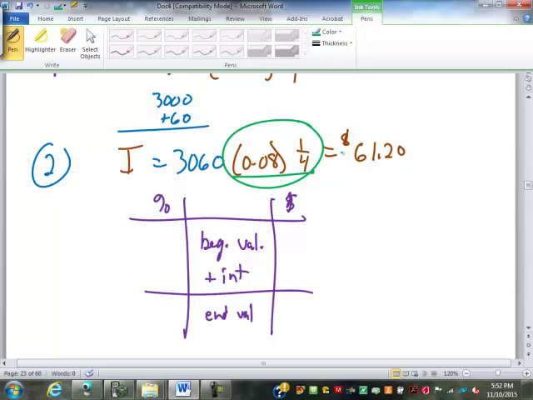In other words, 2% per quarter. Think about it. If 8% per year, divide that by 4 quarters a year, that's 2% per quarter. We started out, the beginning balance was 100%, so the ending balance, 100 plus 2, is 102% at the end of each quarter. Does that make sense?